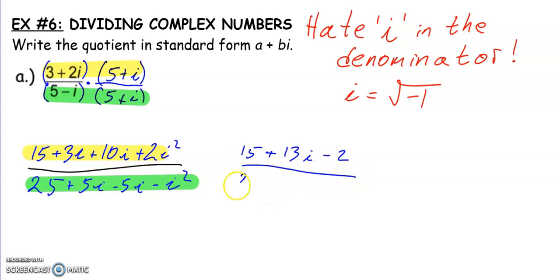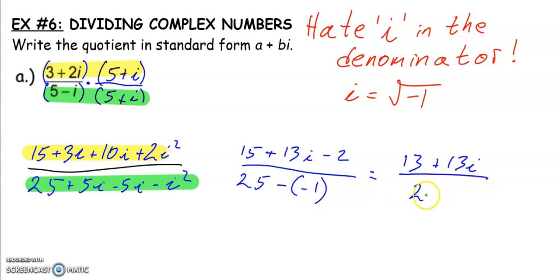All over 25. 5i minus 5i, those i's cancel out. And we already said i squared is negative 1. No i's on the bottom. So that's going to leave us with 13 plus 13i all over 26.